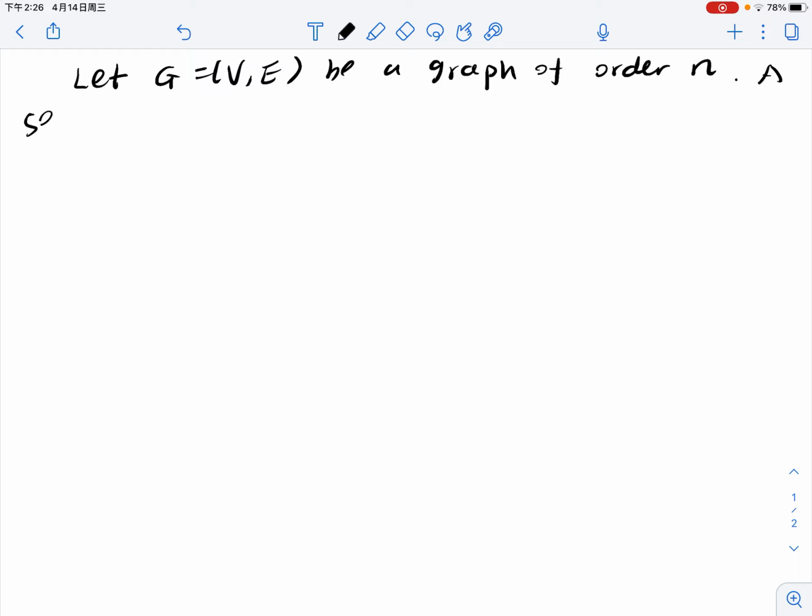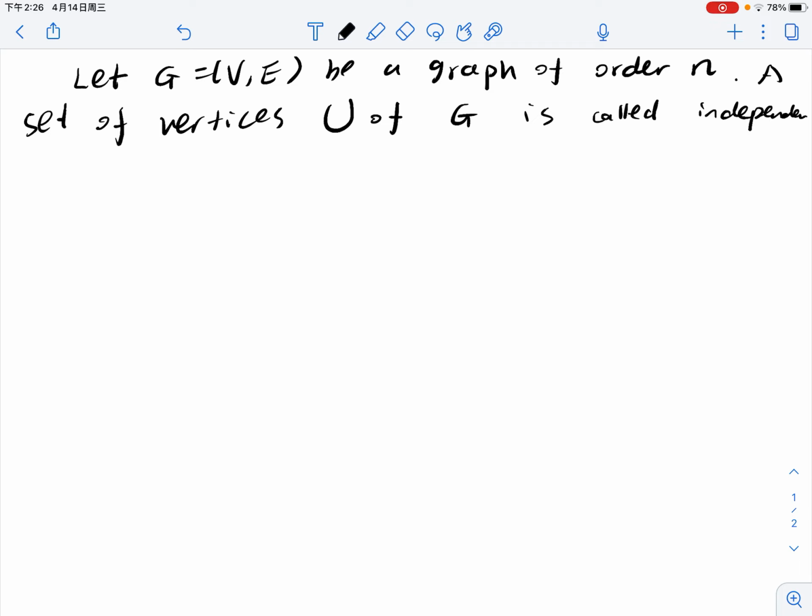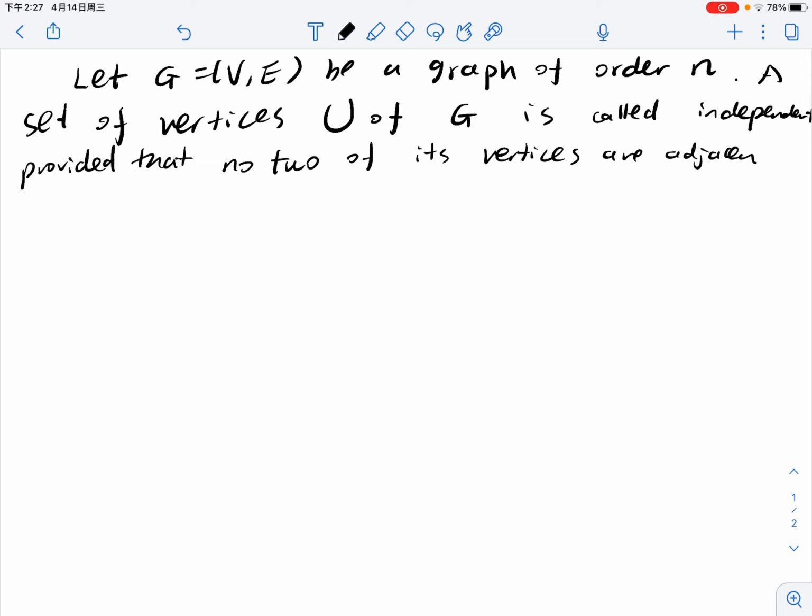A set of vertices U of G is called independent provided that no two of its vertices are adjacent.